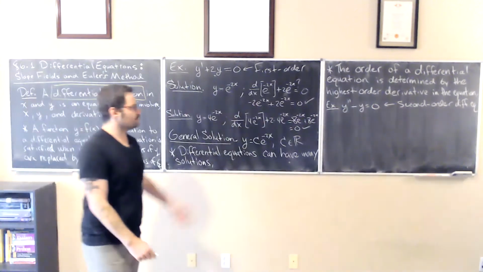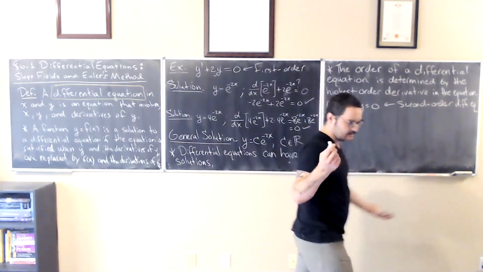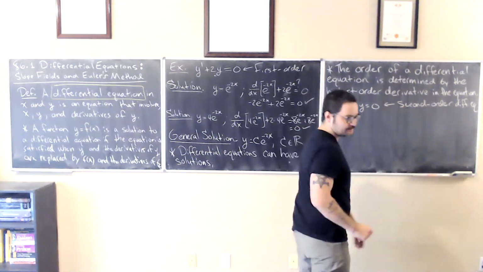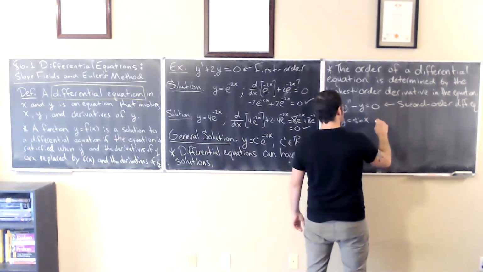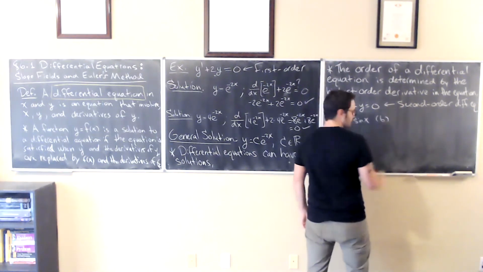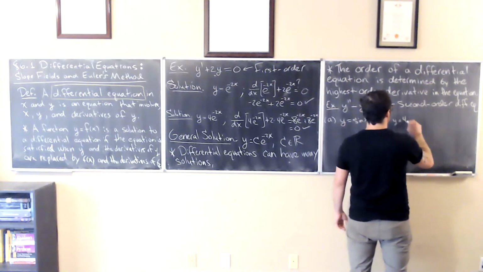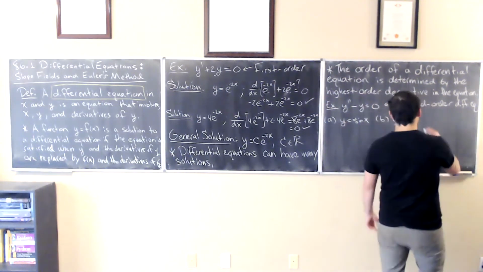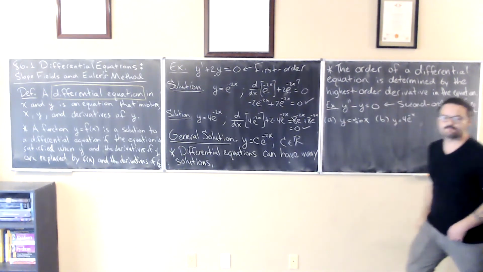Okay. So just so that we understand how this works, let's look at possible solutions to this equation. y is equal to sine of x. y is equal to 4e to the power of negative x. Let's just use these two.